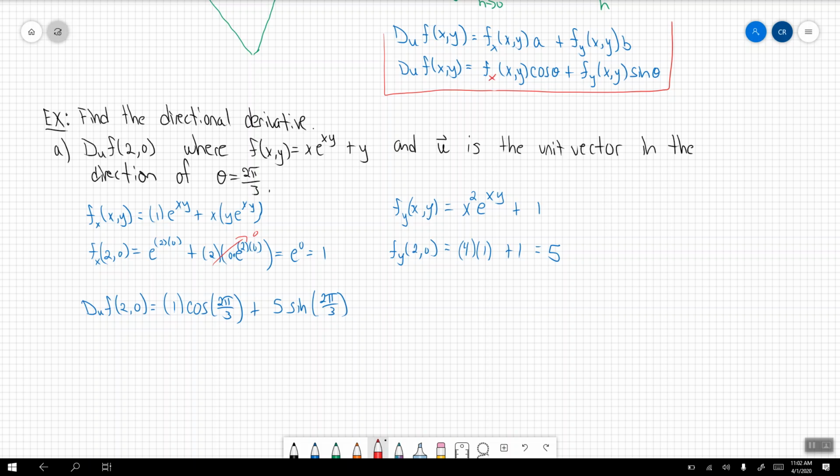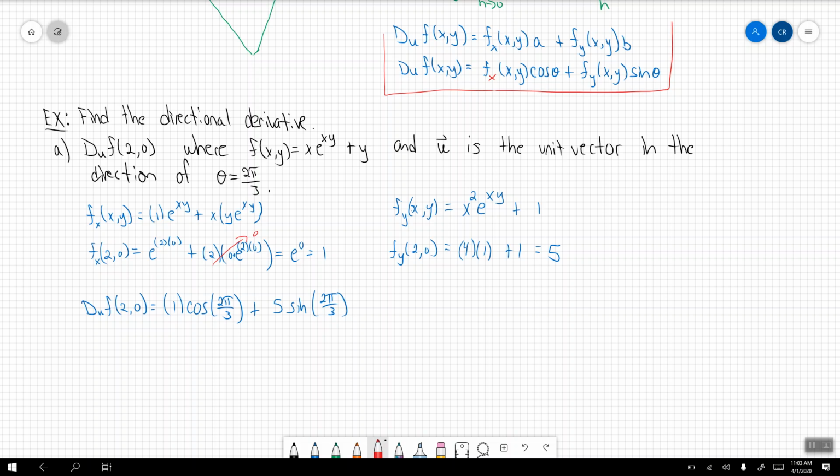Okay, good. So all we need to do now is figure out what cosine at 2 pi thirds is. If you agree with me that 2 pi thirds is in the second quadrant, all we need to do is find cosine there. Cosine in the second quadrant is going to be negative. All we need is a reference angle.